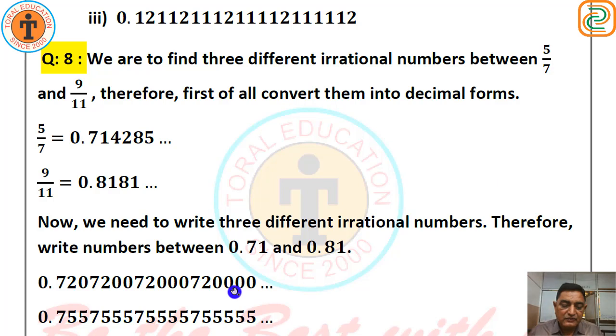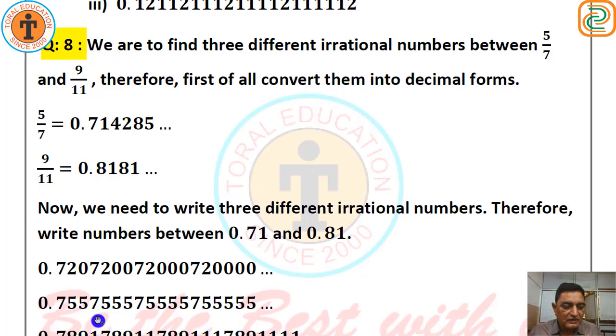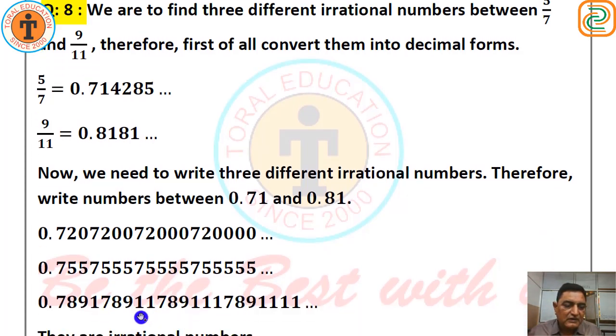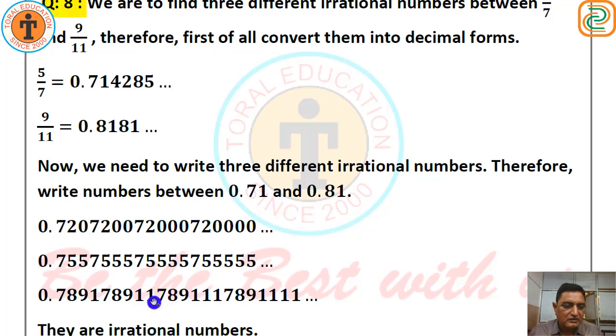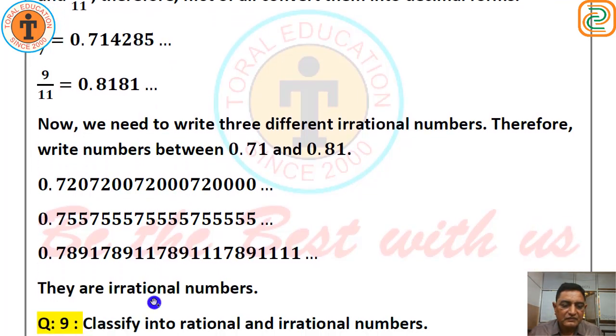I have increased one 0 each time. Now 0.7557755577755..., and 0.78... These all, 72, 75, 78, are between 0.71 and 0.81. So these are our irrational numbers.